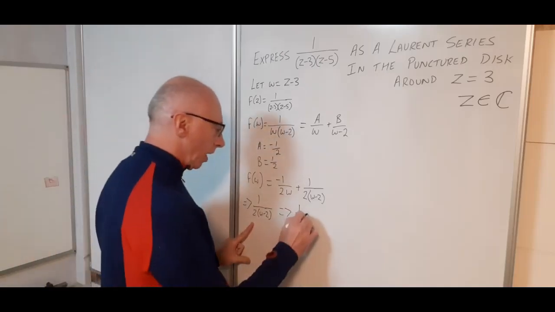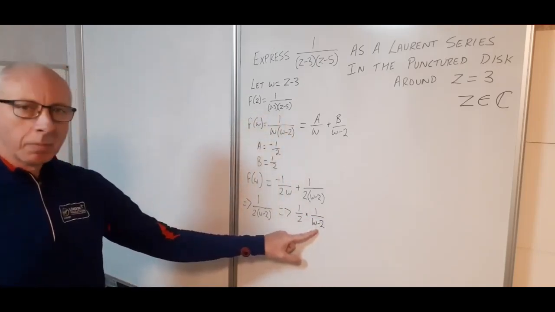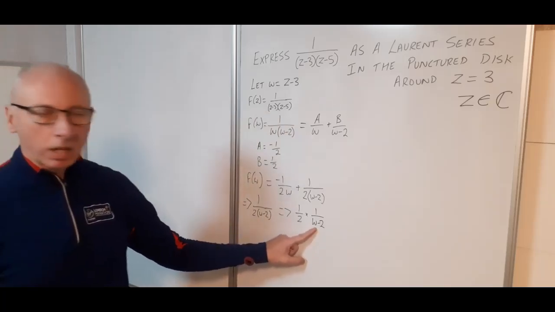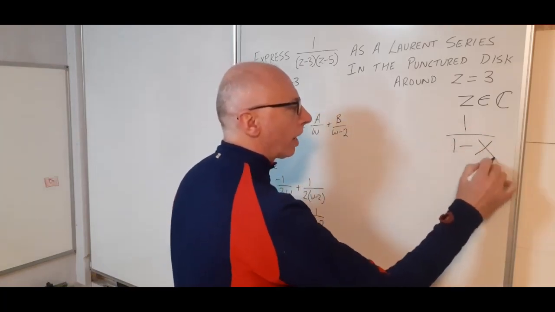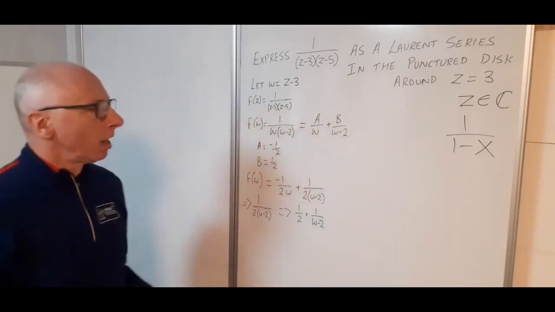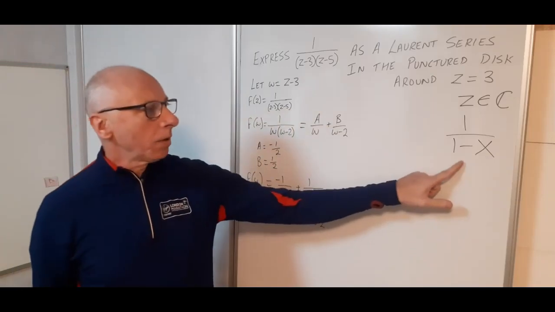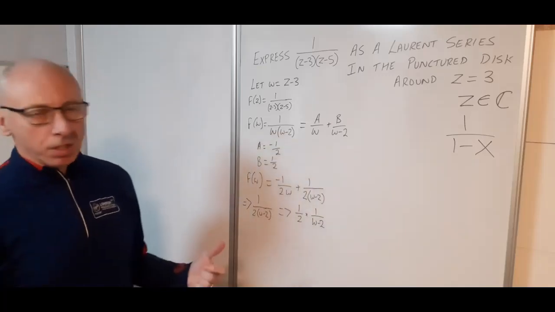Now I can do something with a bit of manipulation. The most famous power series that helps us out is 1 over 1 minus x, where x is some function of x or z or whatever you want, and that will give us our very famous power series.